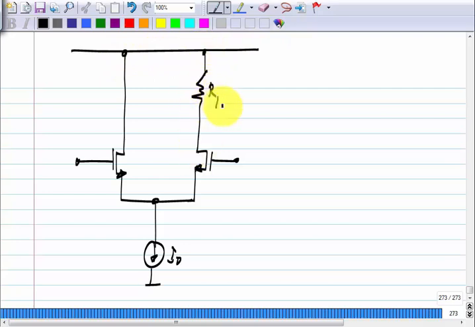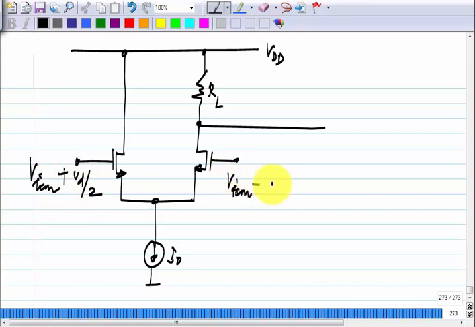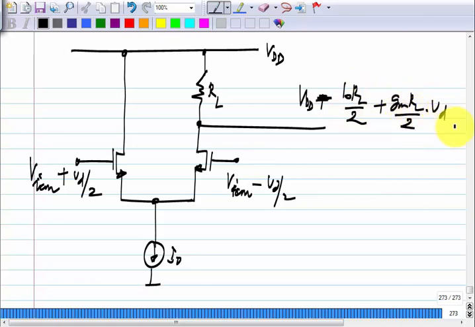Let me just take one output for now. This is VDD, this is VICM plus Vd by 2, VICM minus Vd by 2. Okay. The output would be the operating point voltage. After a while, I will stop writing this, VDD minus I naught RL by 2 plus gm RL by 2 times Vd. Okay. Yes.